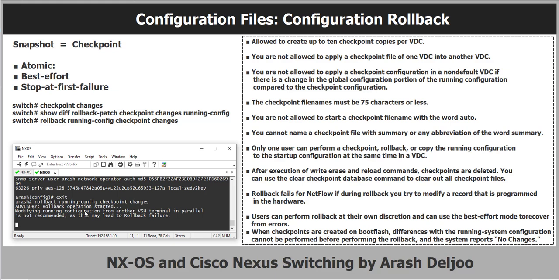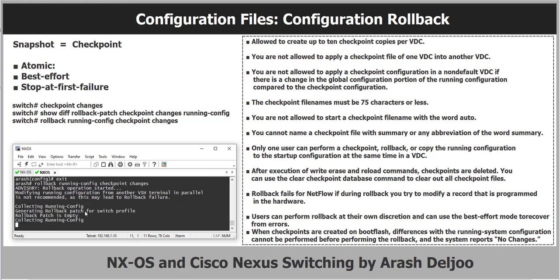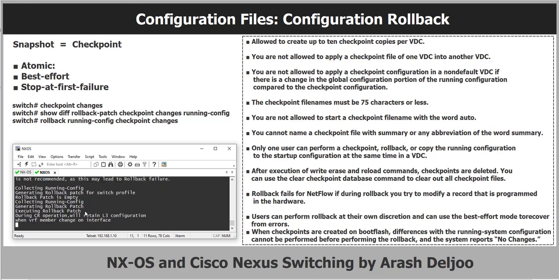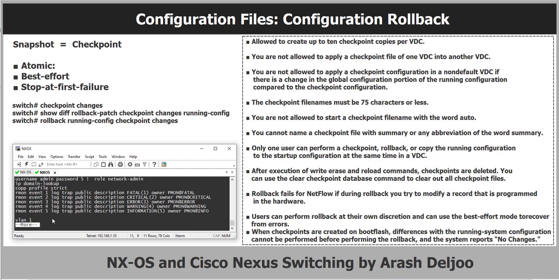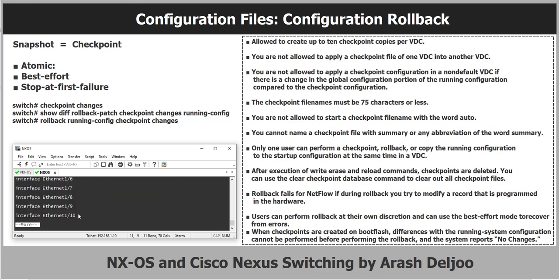Look at here. After some seconds, we can see that the switch name will change to switch again. Actually we come back to that time. We need to wait. Look at here, the name is switch, and also in the running config we don't have any username Arash and other configuration related to that username.